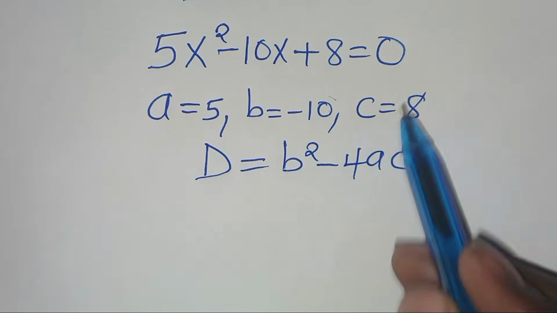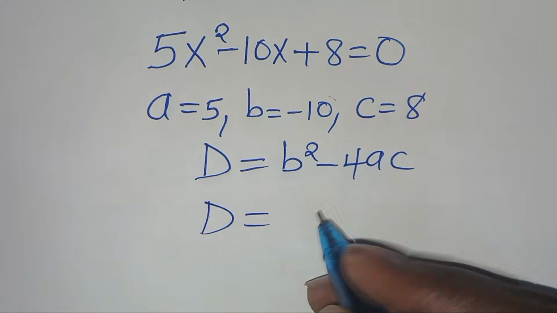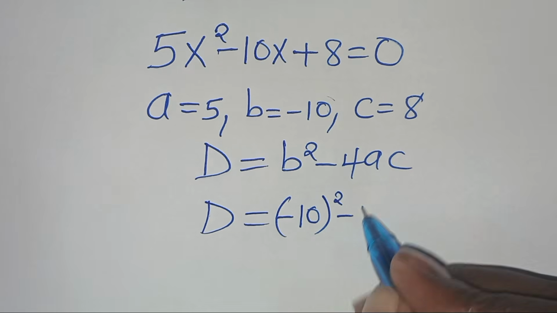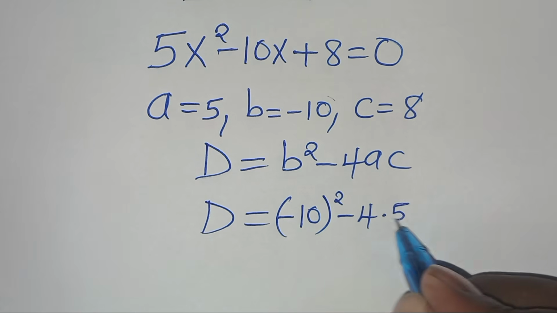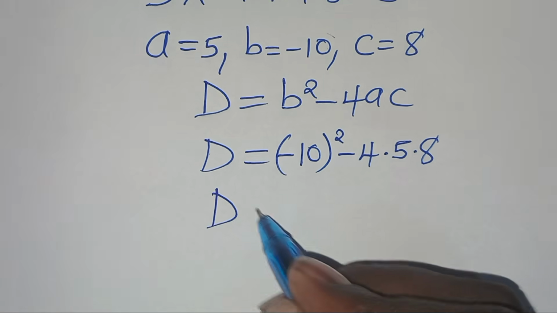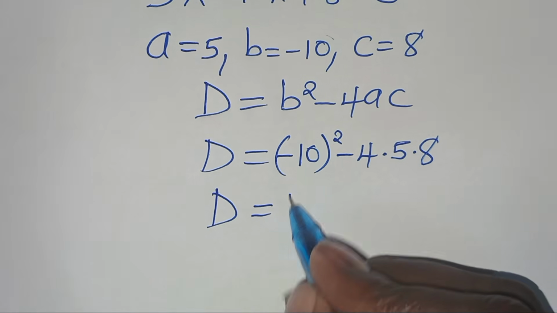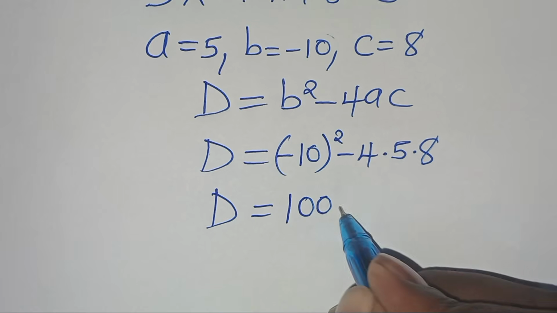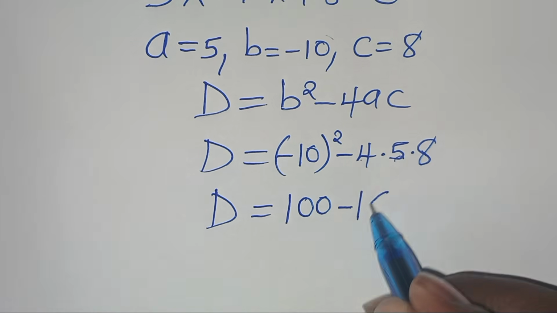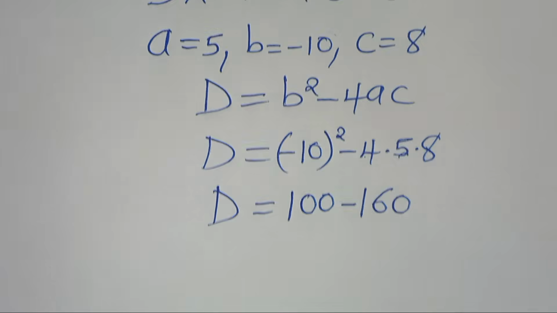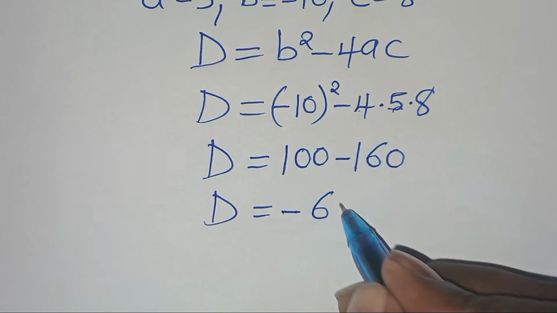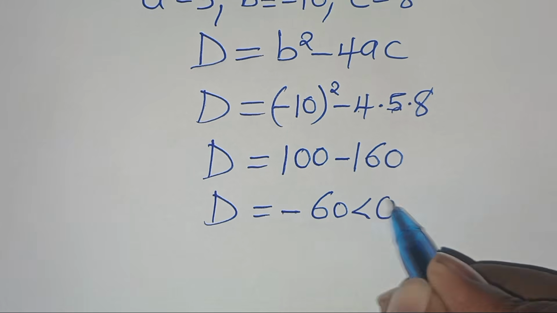Let's substitute a, b, and c in this formula so that we have negative 10 raised to the power of 2 minus 4 times 5, then times 8. So this means that the discriminant value is equal to negative 10 squared, this is 100, minus 4 times 5, this is 20, times 8, this is 160. So this means that the discriminant value is negative 60, which is less than 0.